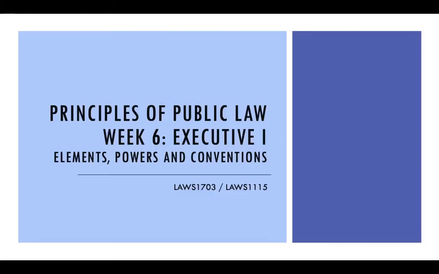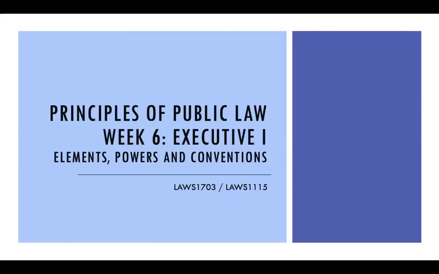As you probably know, the executive is one of the three branches of government. One of the three branches of the state, that is. Its primary role is to execute or administer the laws. So laws are produced by the legislature, they are judged by the judiciary, and their execution is administered by the executive.